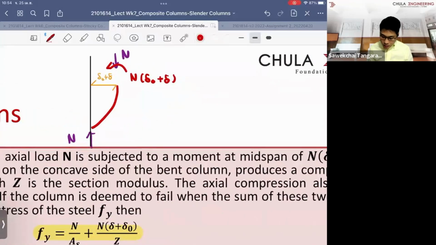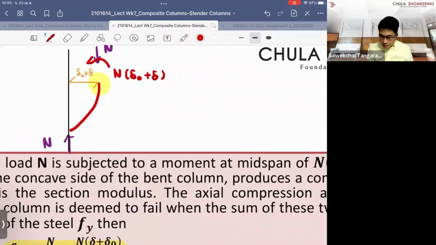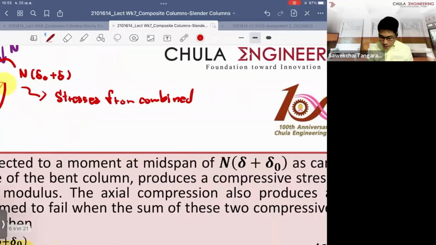If I want to calculate the stress value at this point here, it is a combination of the N alone and the bending, which is the secondary moment.